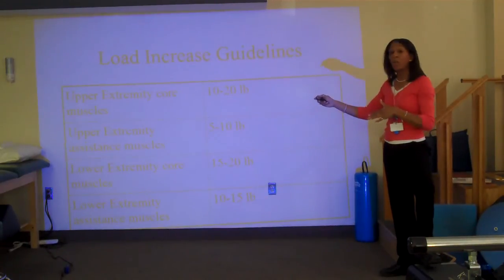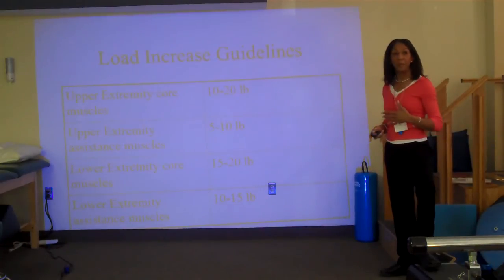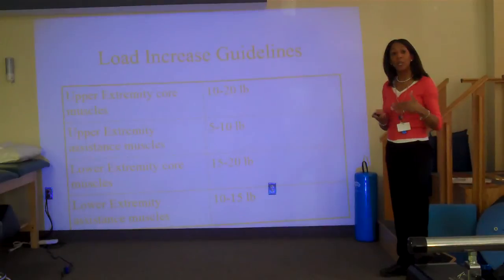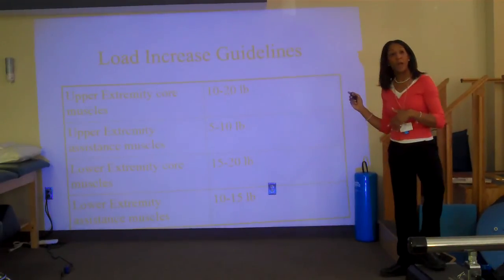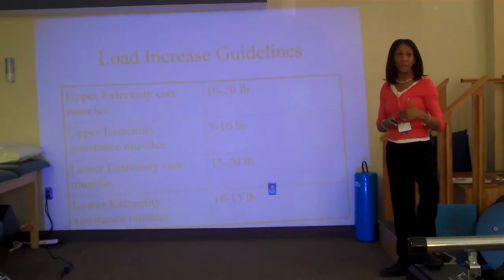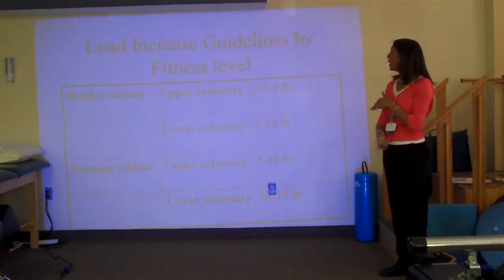If you're looking at smaller assistance muscles, like your bicep, then you can increase by 5 to 10 pounds, okay? Still using that percent increase. When you look at lower extremity core muscles, it's a 15 to 20 pound increase, but for the accessory muscles of the lower extremity, it's only a 10 to 15 pound increase. Okay, so it gives you a real quick snapshot of when, how, and how much weight.